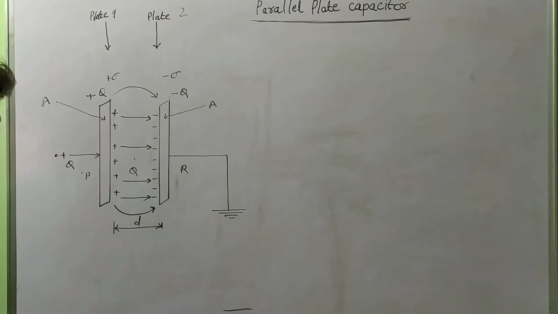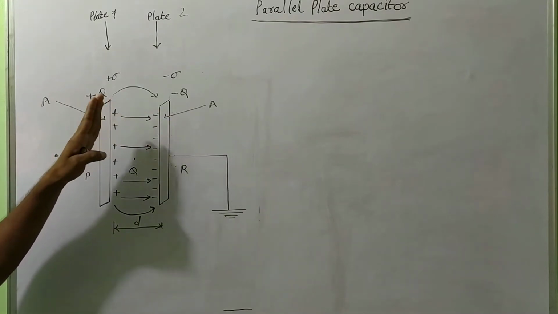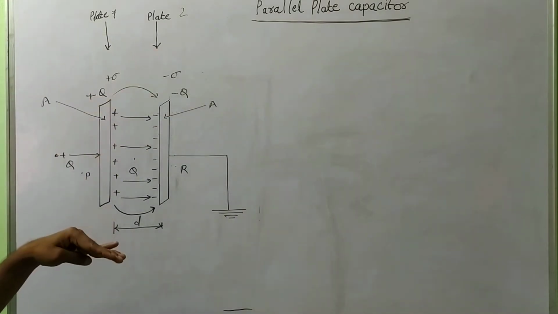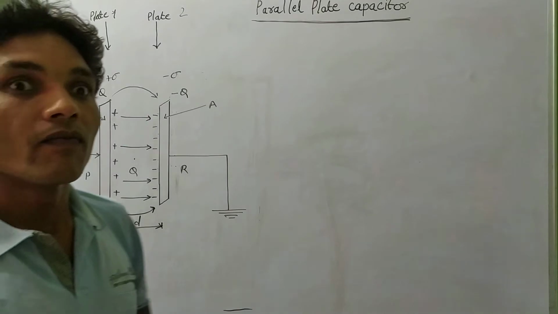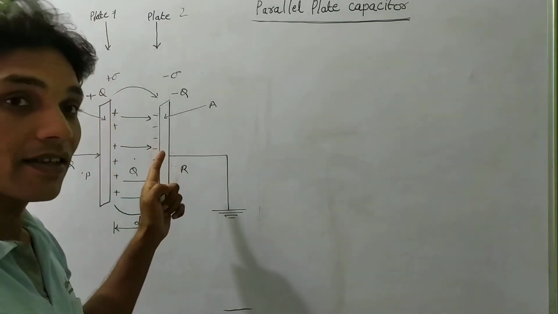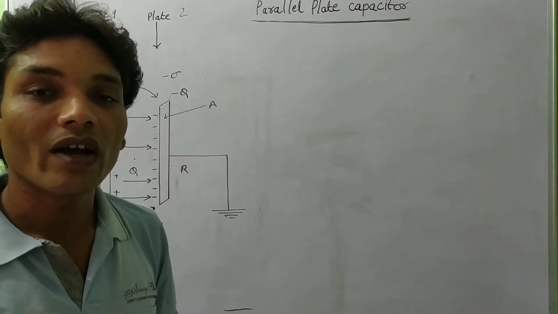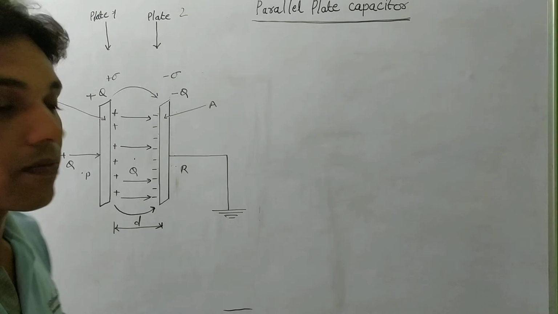The field lines are curved, or field lines go outward. This effect is called the fringing effect of the electric field.